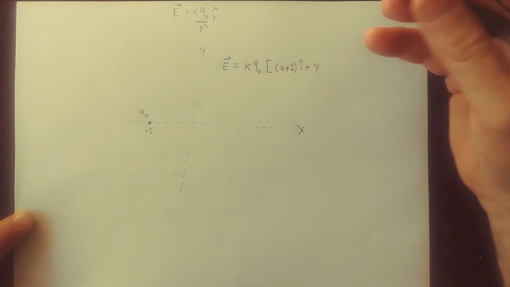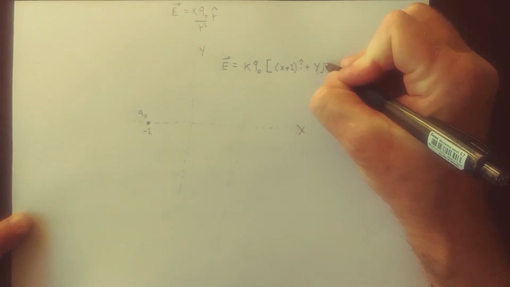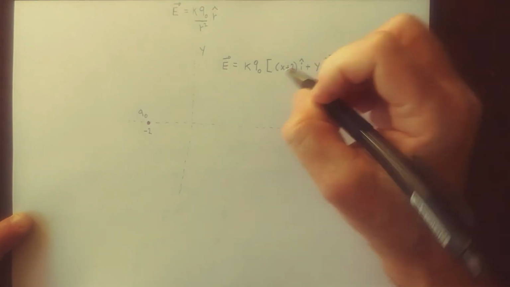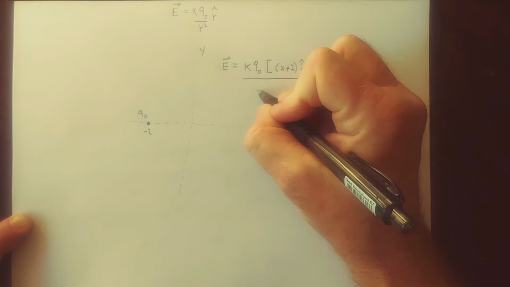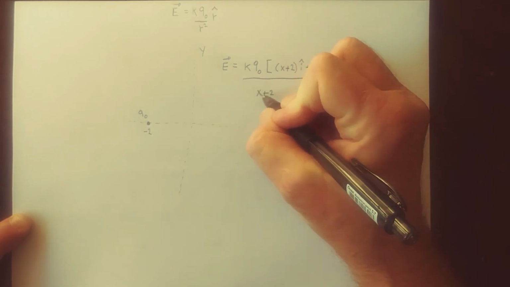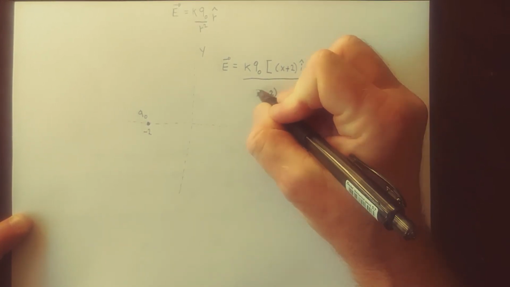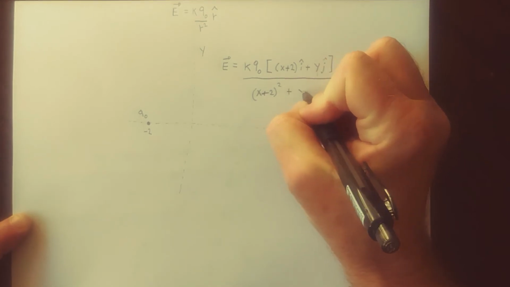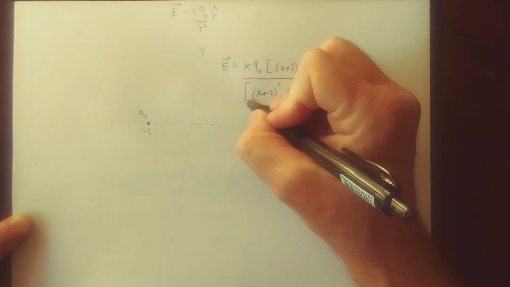So we have y minus 0, j hat, all of that over x plus 2 squared plus y squared to the 3 halves.